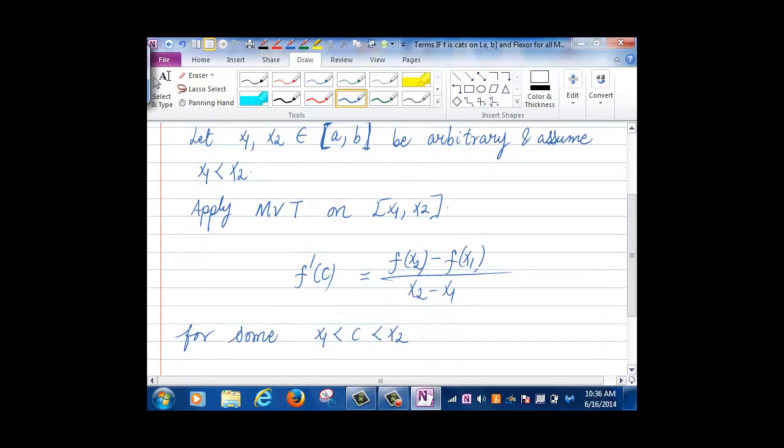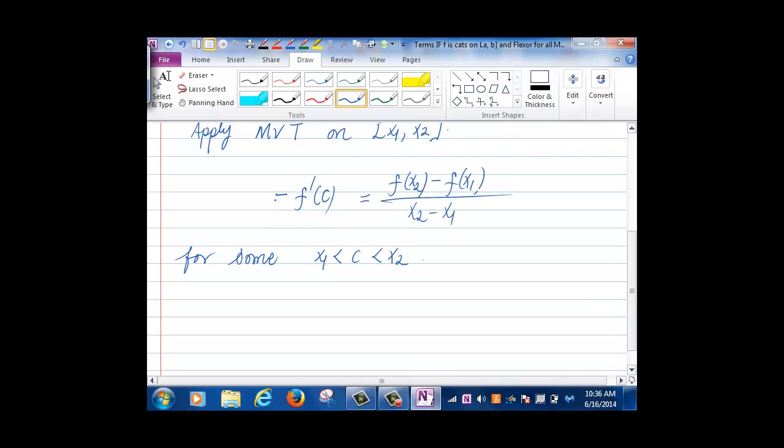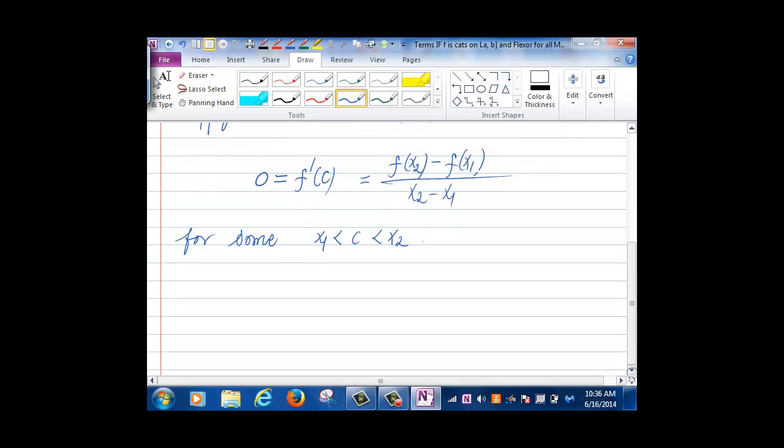So that means f prime of c is 0, which means this is 0. Well, wouldn't that mean that the numerator of the far right side is 0? So what does it tell you? Is it clear then that f of x2 must be the same as f of x1?